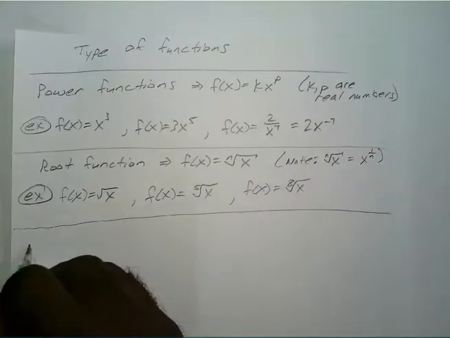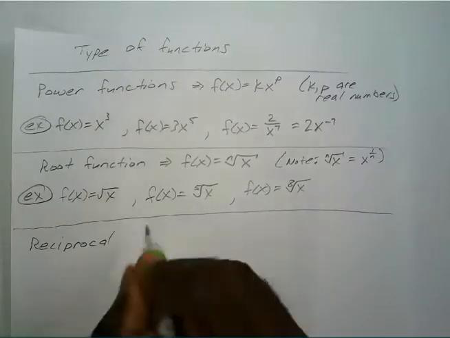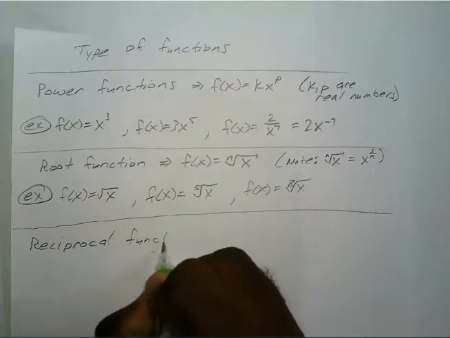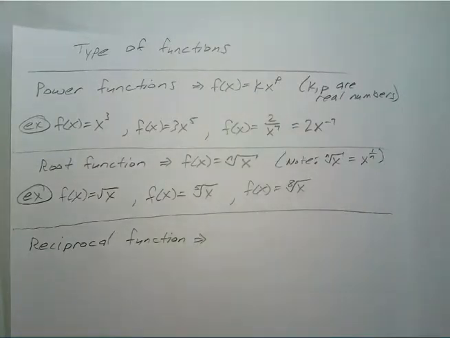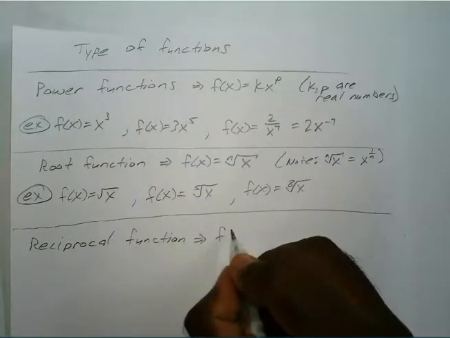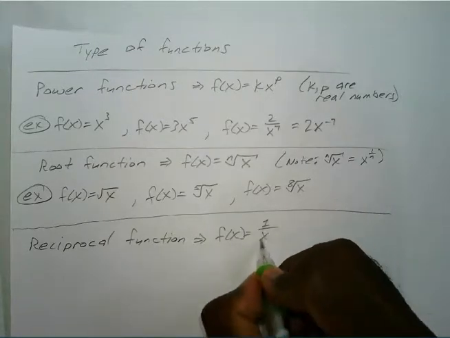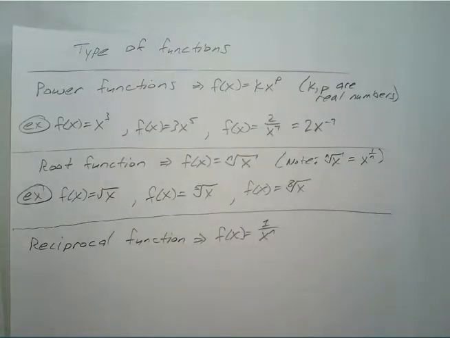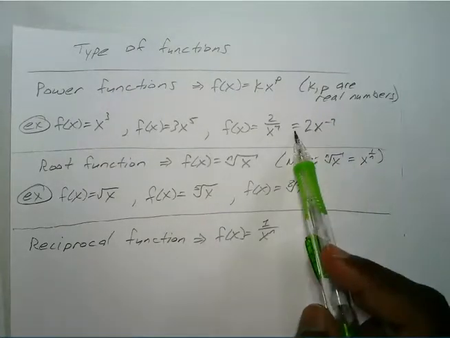Okay, so you have your reciprocal function. And your reciprocal function will have the form of f of x equals 1 over x to the nth power. Okay. So as you can see, your reciprocal function is also a power function.